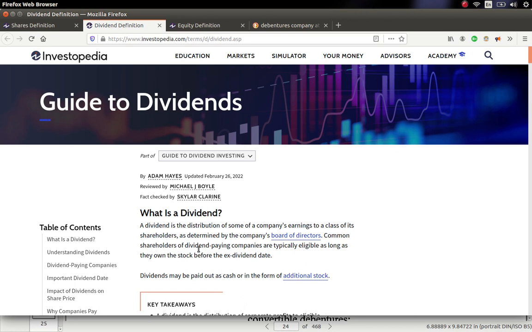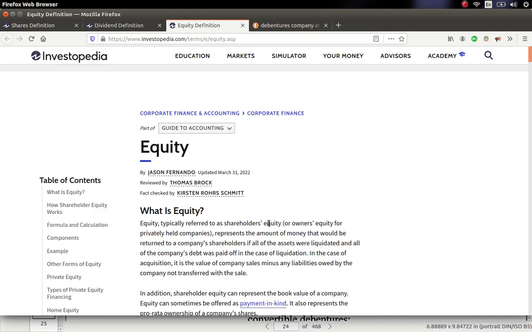Common dividends or dividend-paying companies are typically eligible as long as they own the stock before the ex-dividend date. Okay, so it sounds as if a company makes a profit, it can give part of the profit to its shareholders. That, or what it pays out, is a dividend.